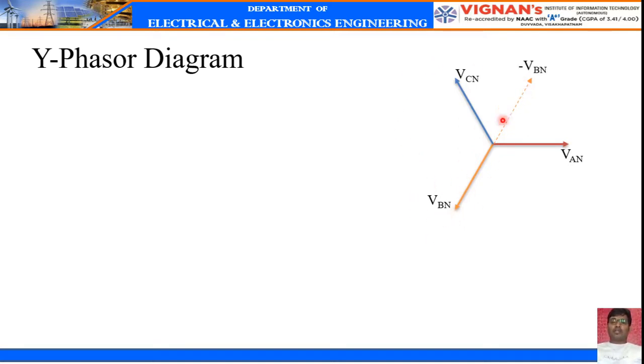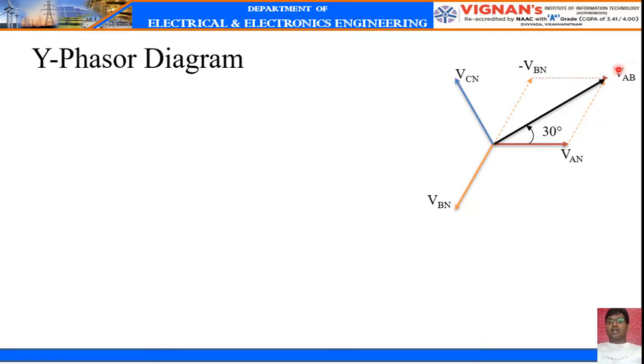If we add these two, VAN minus VBN, using the parallelogram, the resultant phasor will come across the diagonal. You draw one phasor parallel to this and add it to the phasor VAN, and the resultant phasor is shown here in black as VAB.